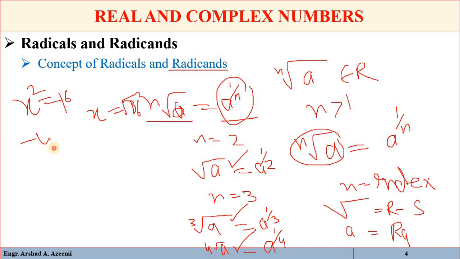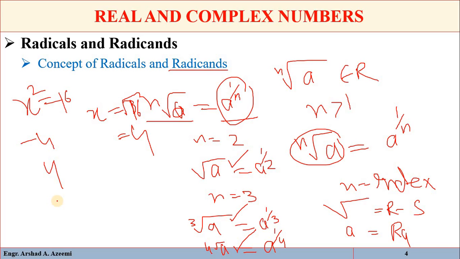So it will be either -4 or 4, and here the square root of 16 must be 4. The answer of the square root of 16 will be only 4, and for x square equal to 16, x will be either -4 or 4, because the square of both numbers will give you 16.